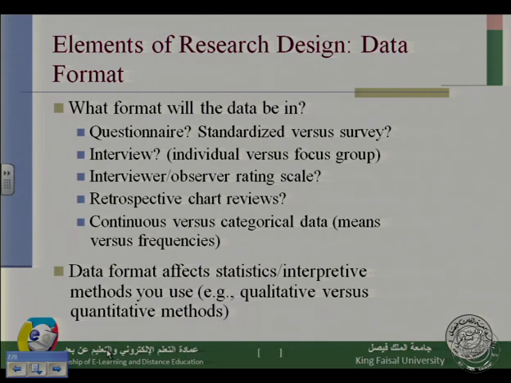Interpretive methods you use, qualitative versus quantitative methods. And this is something that we mentioned before. Depending on your method, it's going to affect the way you are going to interpret your results. If you have, for example, questionnaires, normally questionnaires lead you to numbers, so you are going to quantitative methods.